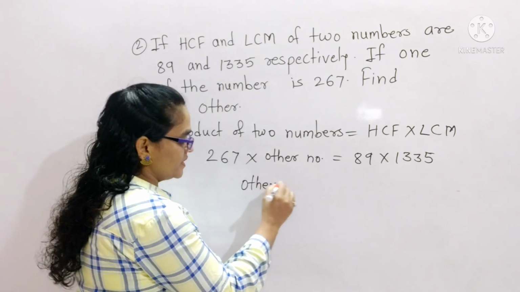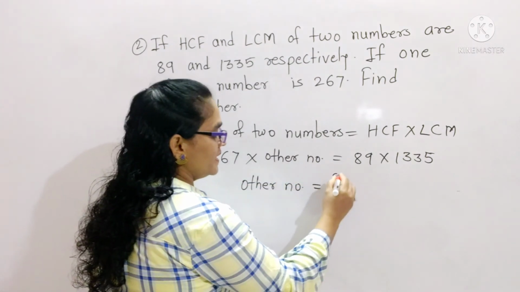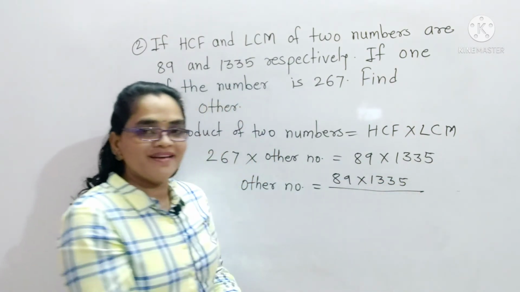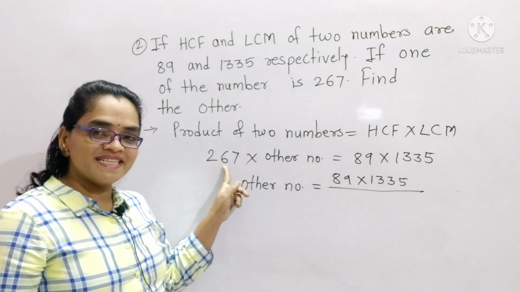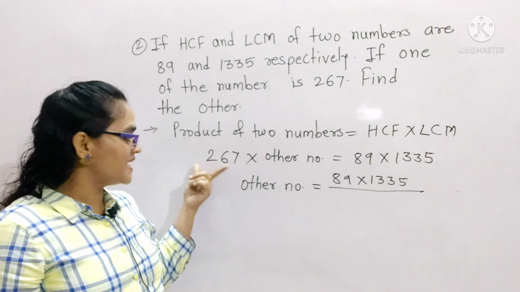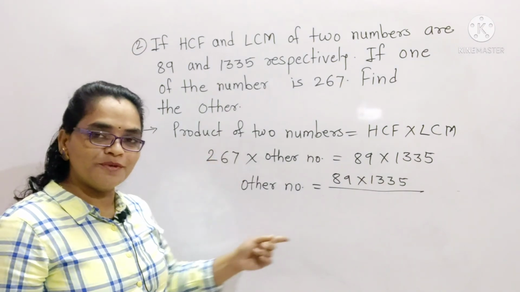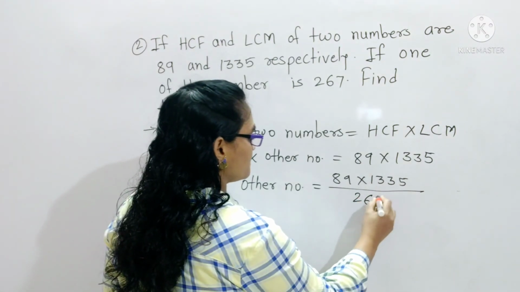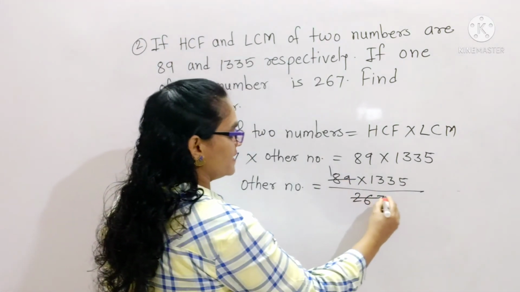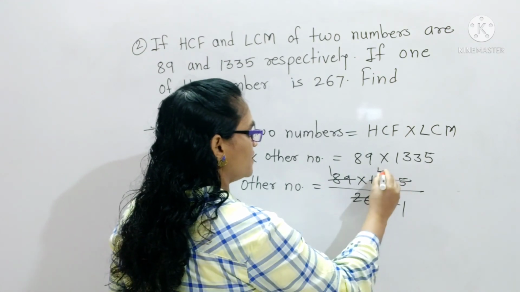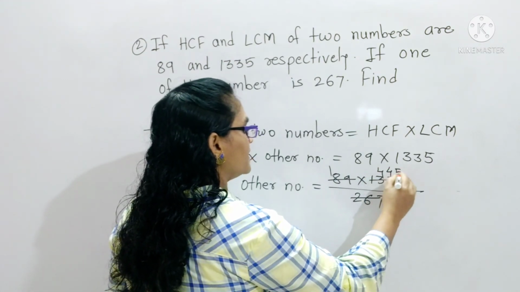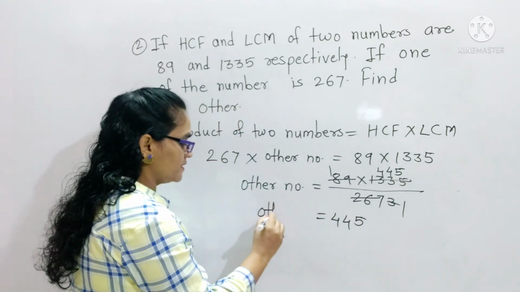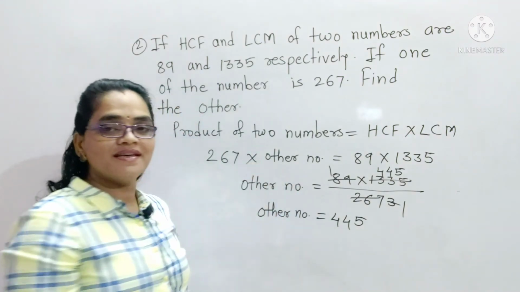Other number is equal to 89 into 1335 divided by 267. On the left hand side it is a multiplication, but it will move to the opposite side and come at the divisor place. Then 3 1s are 3, 3 4s are 12, 1 remain, 3 4s are 12 and 350. 445 is the other number. What is the answer? The other number is 445.